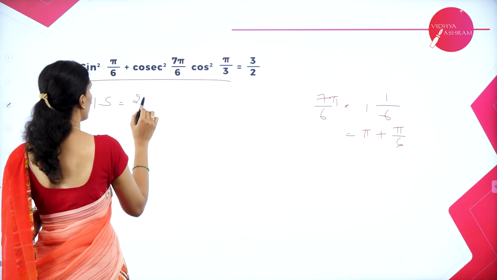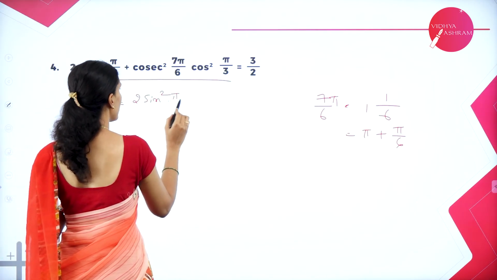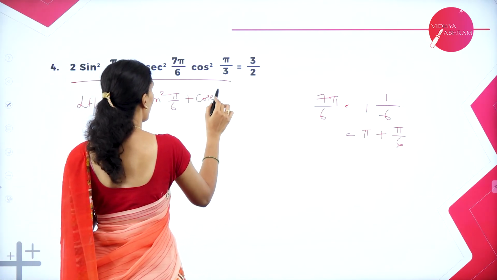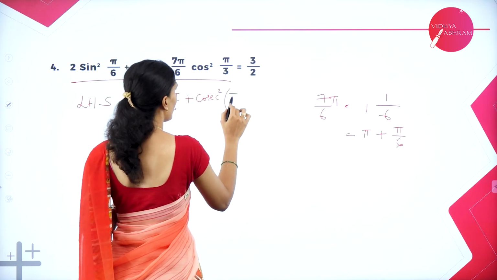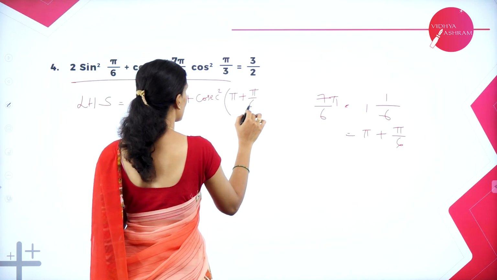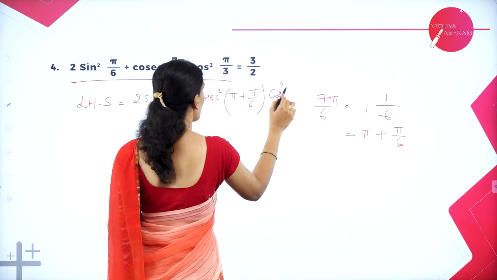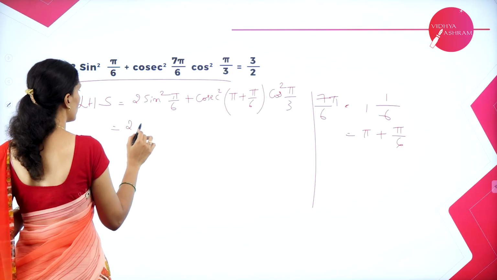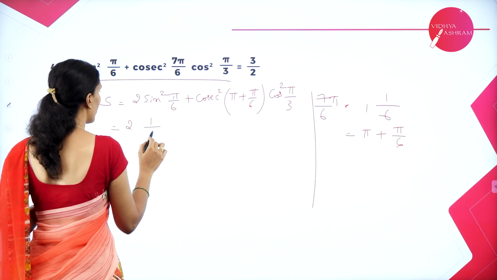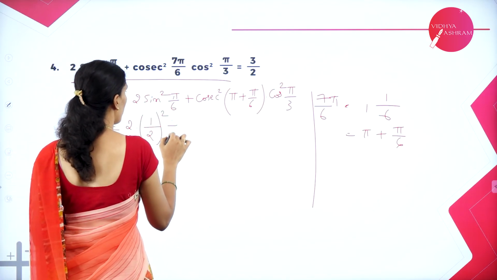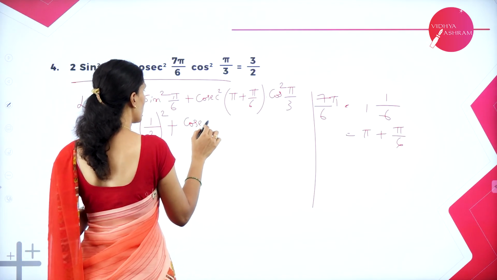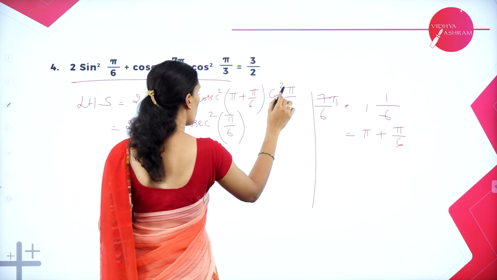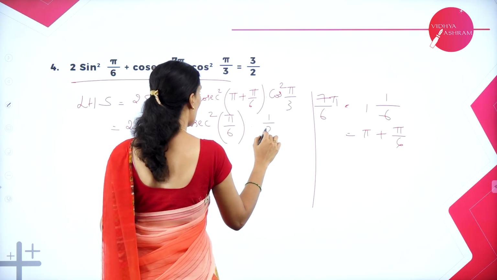We have 2 sine square pi by 6 plus cosecant square 7 pi by 6, which can be taken as pi plus pi by 6, into cos square pi by 3. Now sine pi by 6 is half, square, plus this can be taken as cosecant square pi by 6, into cos square pi by 3, which is again half square.